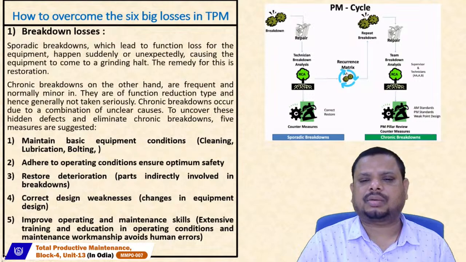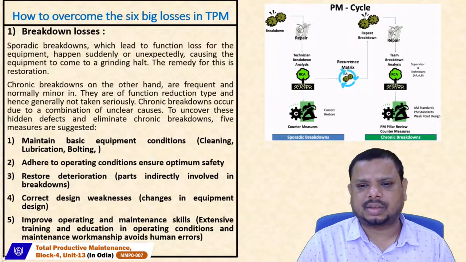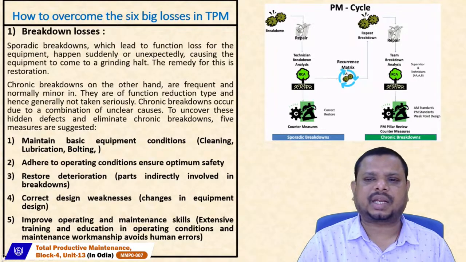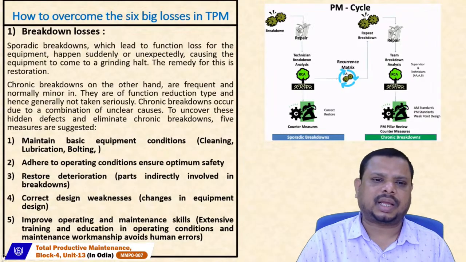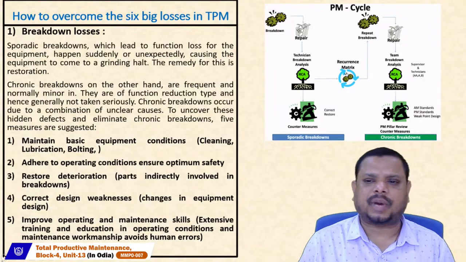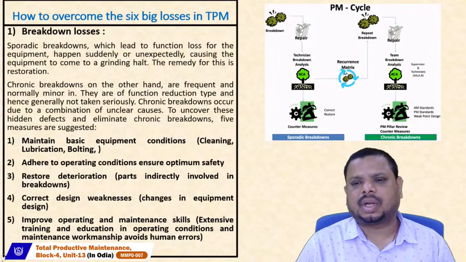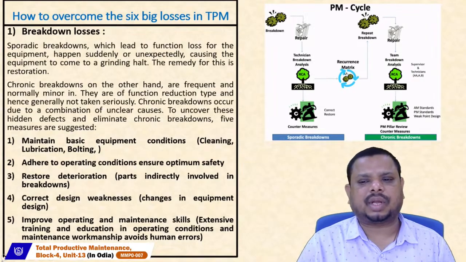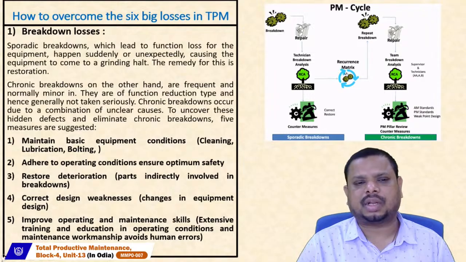When they go for root cause analysis, they can find a number of recurrence metrics. These recurrence metrics directly lead to repeat breakdowns. Again, the maintenance personnel provide the repair maintenance work, and again the team goes for breakdown analysis. They can go for root cause analysis at supervisor levels as well as technical levels, and immediately they go for preventive or productive maintenance peer review countermeasures.